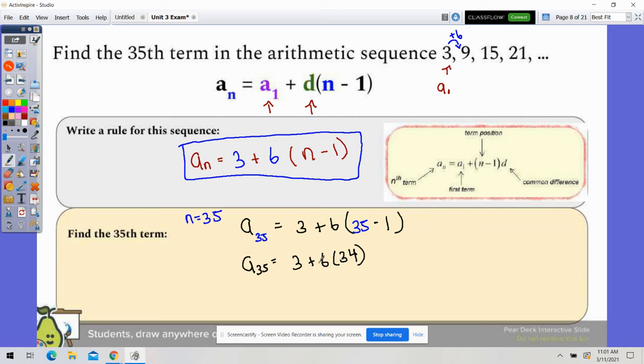So we're going to do 6 times 34, which is 204. And lastly, I just add. So the 35th term is 3 plus 204, which is 207. So if I kept going, if I kept adding 6, the 35th number in this sequence would be 207.